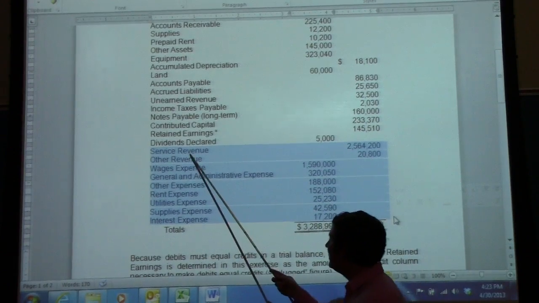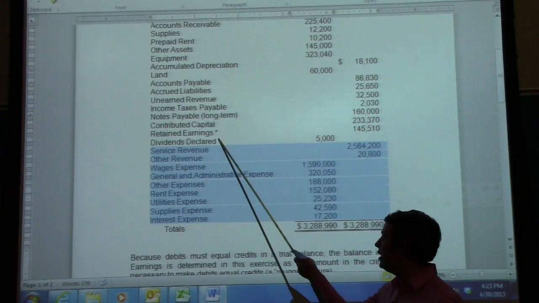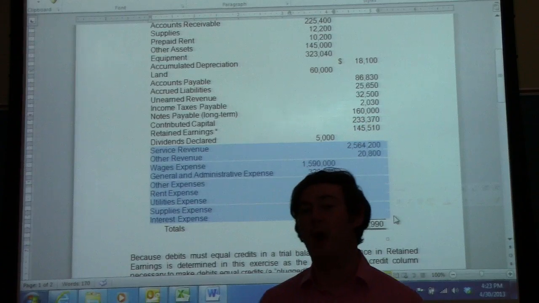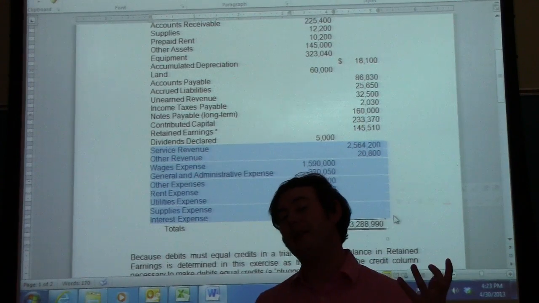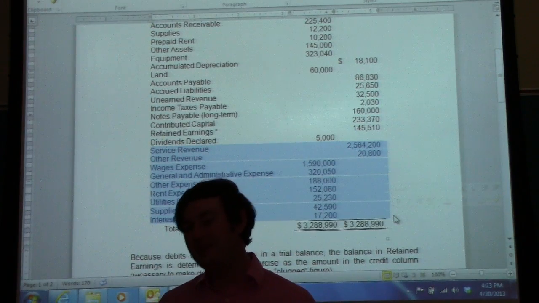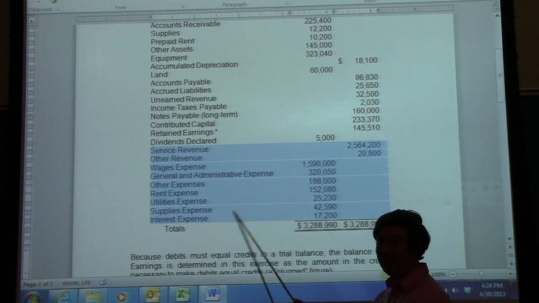Revenue obviously increases retained earnings. Expenses would obviously decrease retained earnings. But remember when we talked about the equations all the way back in chapter 1, we said to get the retained earnings ending balance, we start with the beginning balance, we add net income, we subtract dividends, and that gives us the ending balance. Well, how do we get net income? It's simply revenue minus expenses, right?